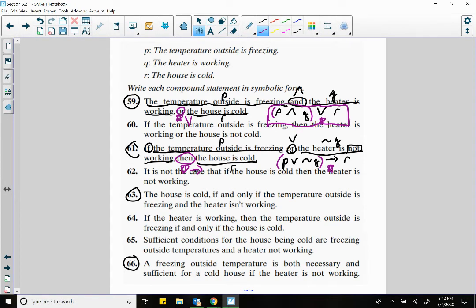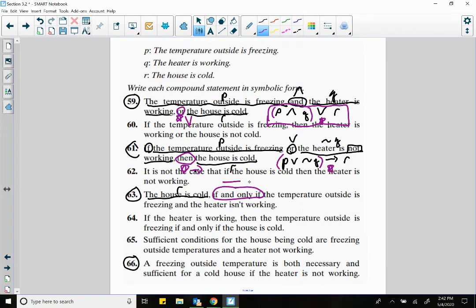All right. So the next one says the house is cold. That's R. Oh, I see a comma and I see if and only if. So we are telling you right here that this, and I should do this in purple, is the strongest symbol.